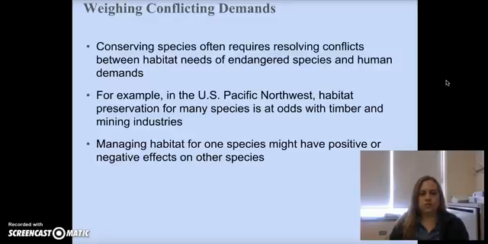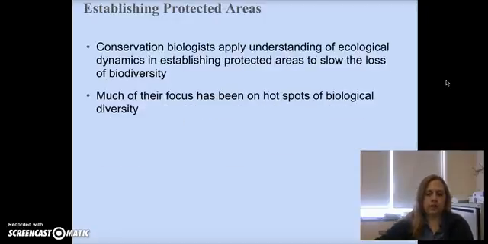So you have to find solutions that will help preserve these species, but at the same time are reflective of human demands on that space as well. Managing habitat for one species actually has positive effects on many other species, but it could also have negative effects on other species.